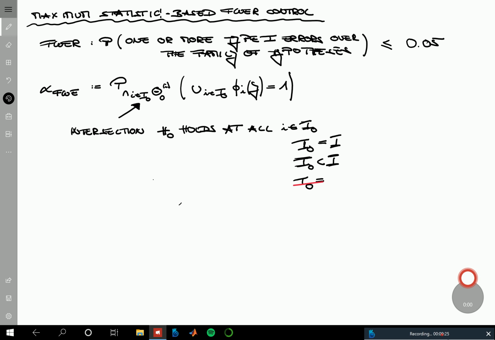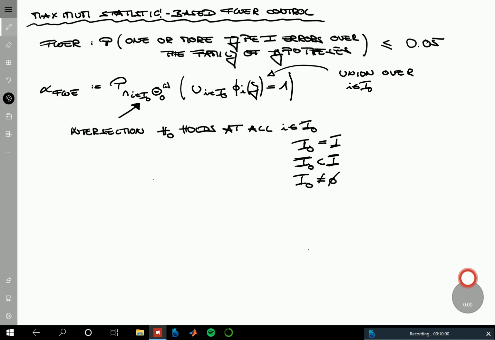So we assume that I0 can either be the whole index set of hypotheses or a subset, but it's not going to be empty. Because if it's empty, then there is no family-wise error rate. So that's one thing. The other thing is this thing here, and that's actually more interesting. So here we have a union statement over, again, our i in the I0 set.